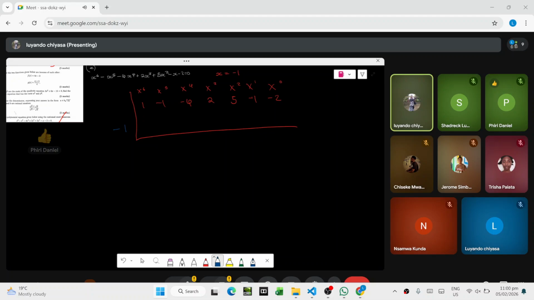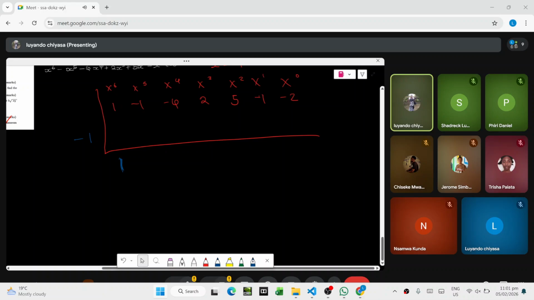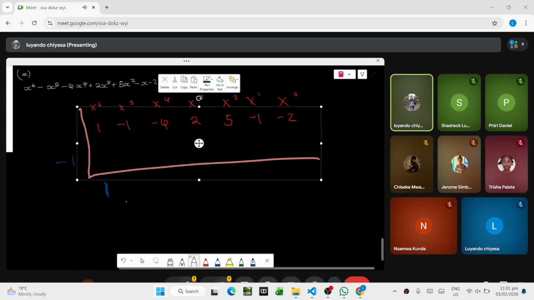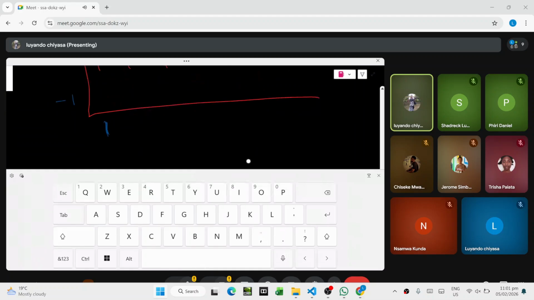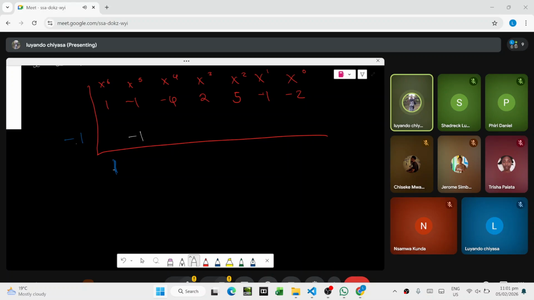So for the first one, we just drop it like that, so it will just be 1. And what you do from there is you say 1 times negative 1, so it's basically this one times this one, and what you get from there is negative 1.